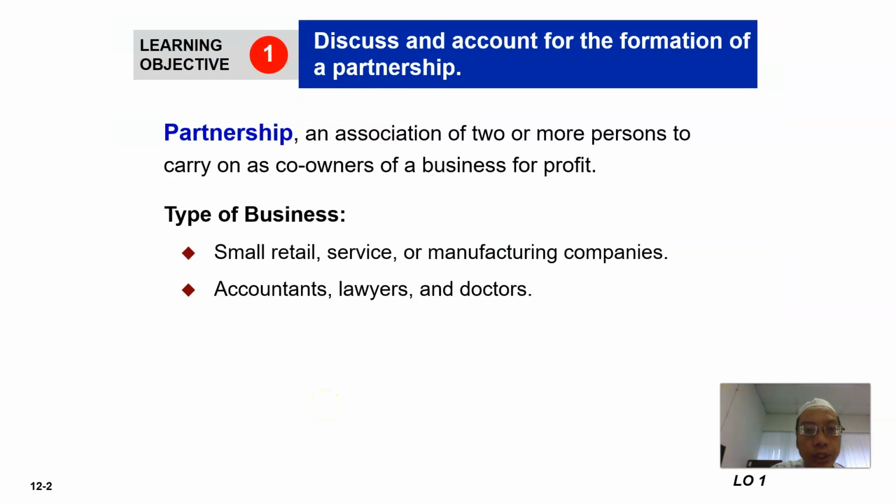Partnership is an association of two or more persons to carry on as co-owners of a business for profit. So a business that has more than one owner, and they work hand in hand to run a particular business, is called a partnership.